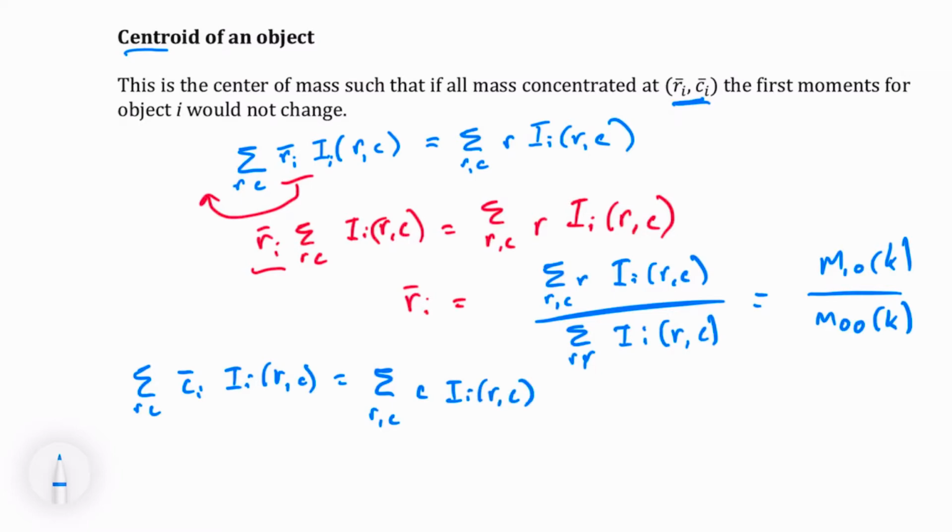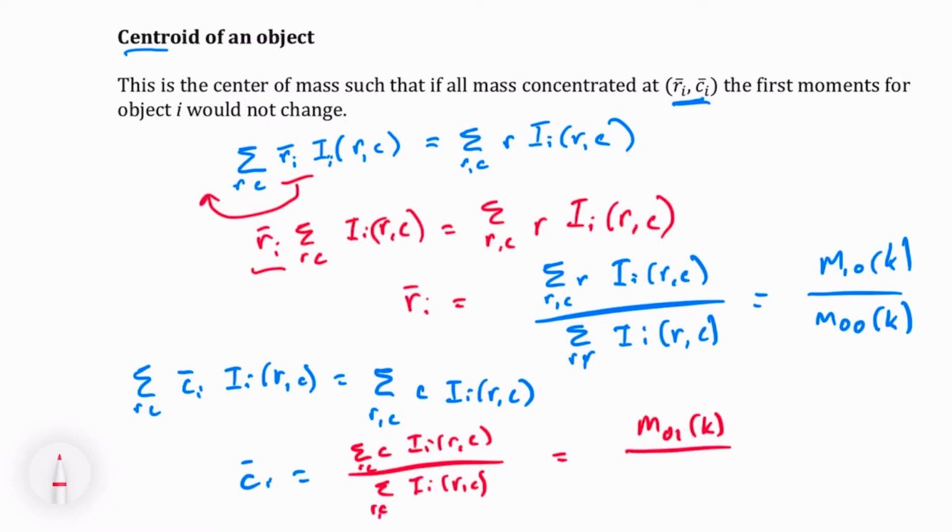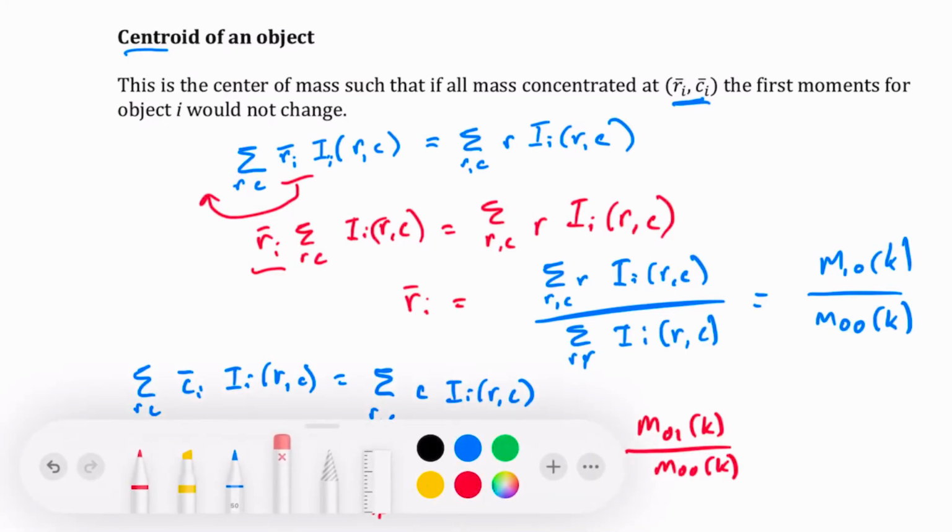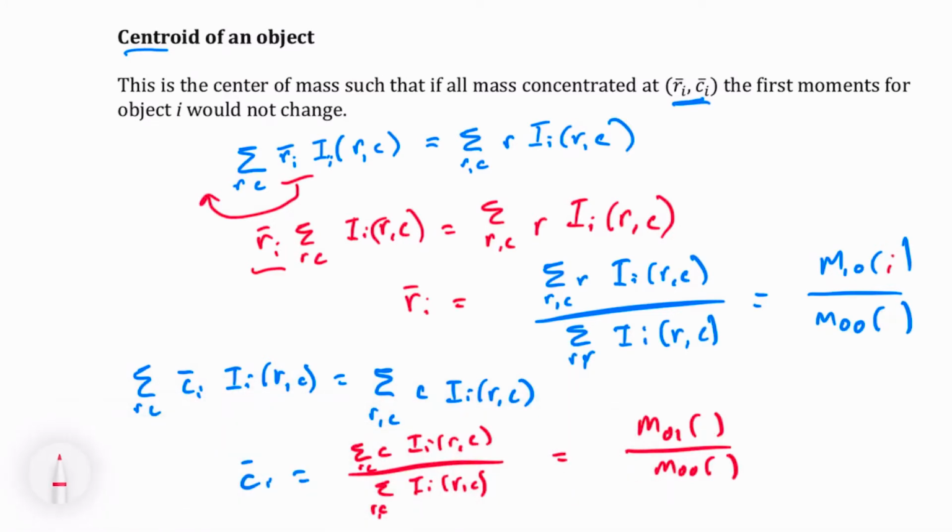And so my C bar i is going to equal my summation of C times I i of RC over my summation, these are over all RC, of I i of RC. And so again, this is going to be my M01, so my first order for my C values over my 0th order. And I've got a slight typo here. And then we have our answer.